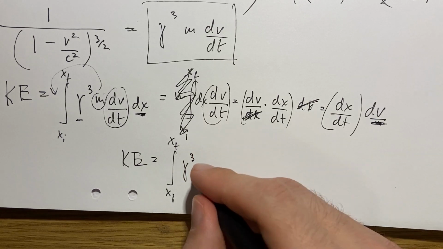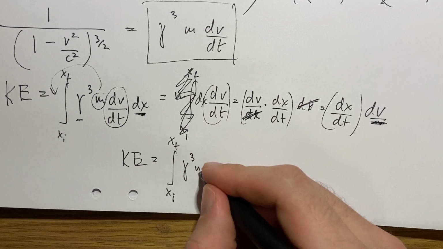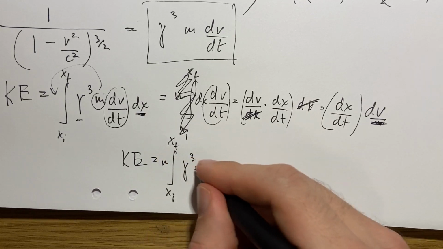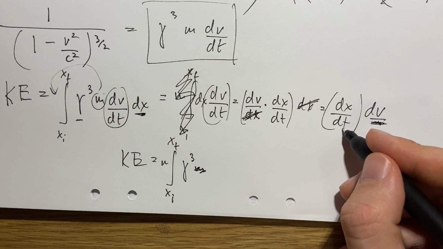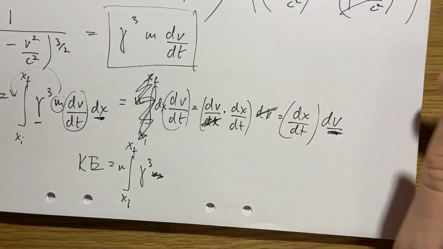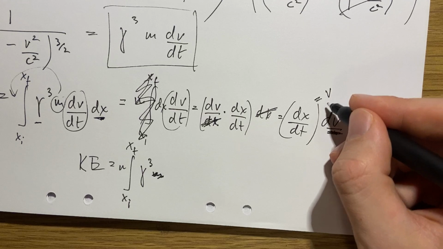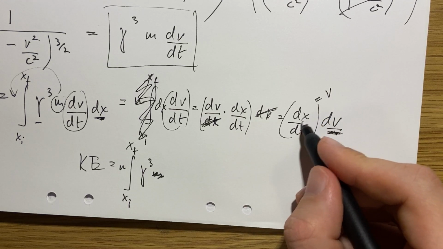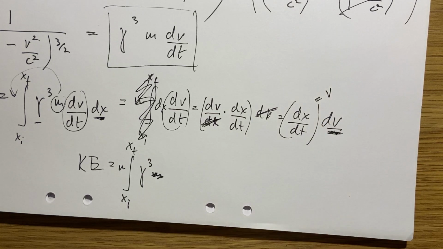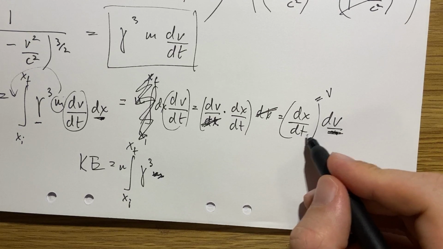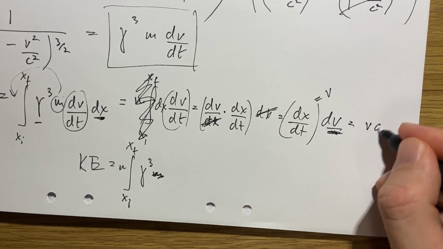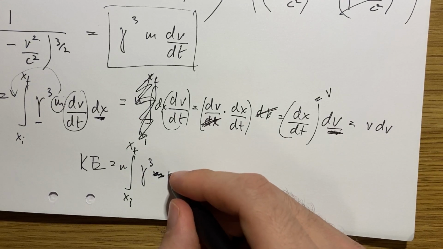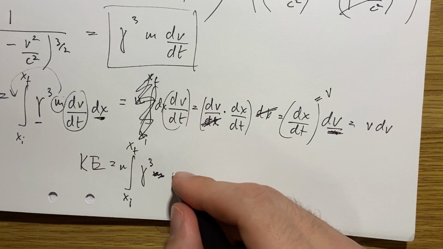So the new expression for relativistic kinetic energy is the integral from x initial to x final of gamma cubed m dx over dt, and this is just the velocity, right? Displacement over the time difference. That's just the velocity. So this expression will be v dv.